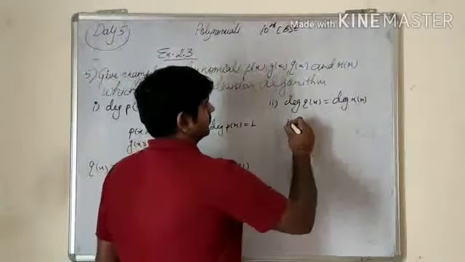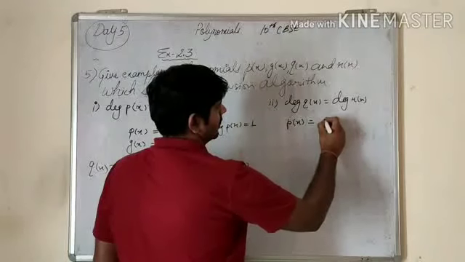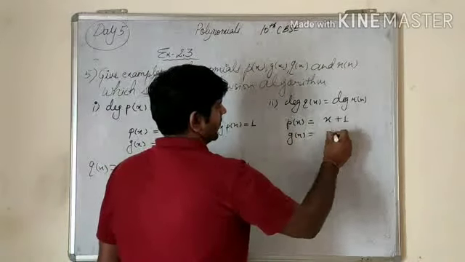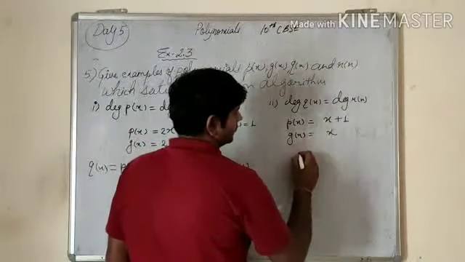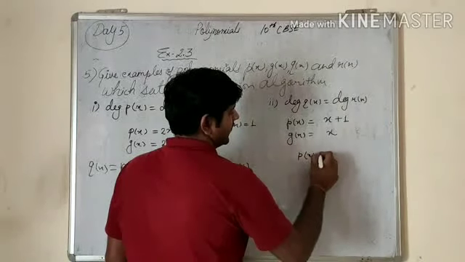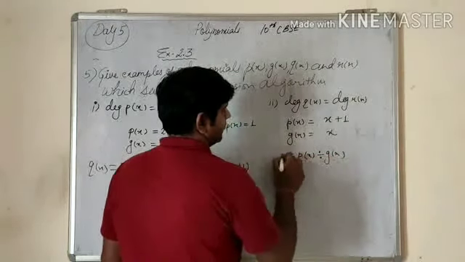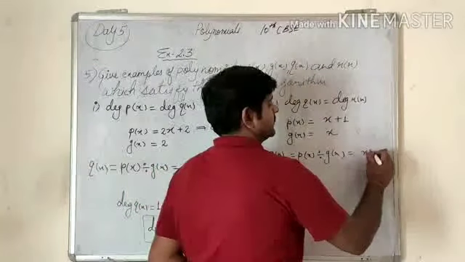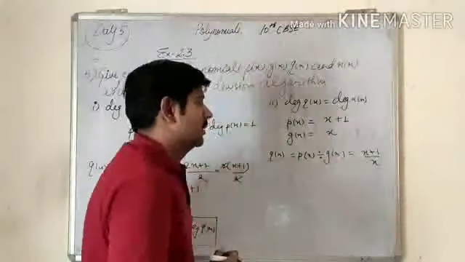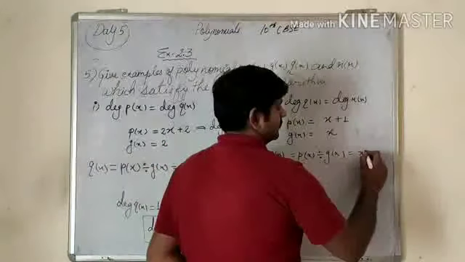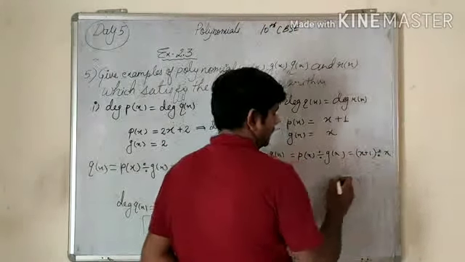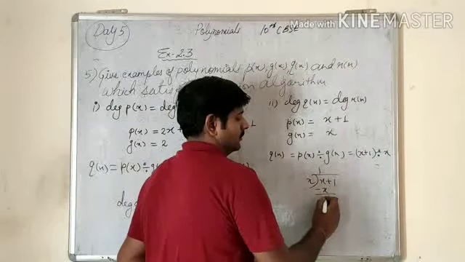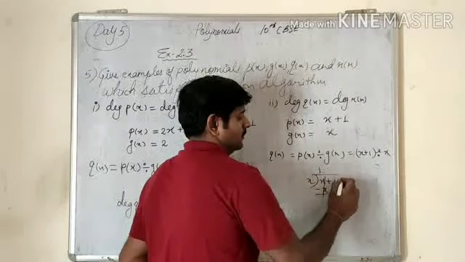Suppose p(x) is x plus 1, g(x) is x. If we divide this p(x) by g(x), we will get q(x), which is 1, and the remainder is left.